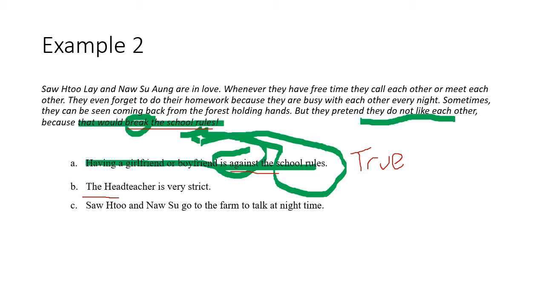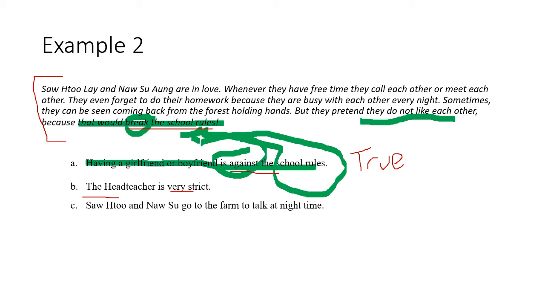Now, B, the head teacher is very strict. Look at this passage. You cannot see the word head teacher or principal. In fact, you cannot see any of the teachers there. It talks about the boy and the girl. It talks about what they do. It talks about the school rules, but it does not talk about the teacher. You might think that the head teacher is very strict.